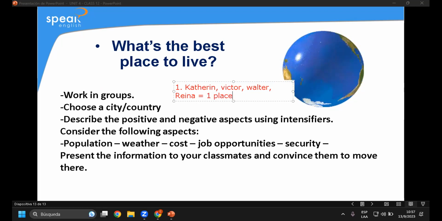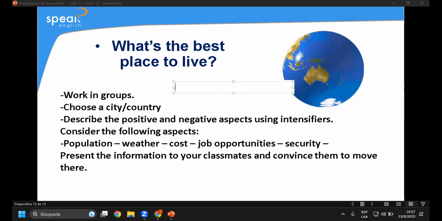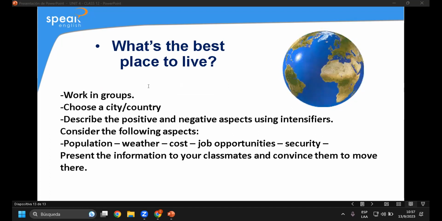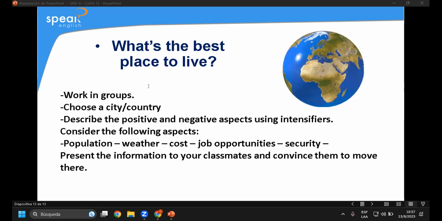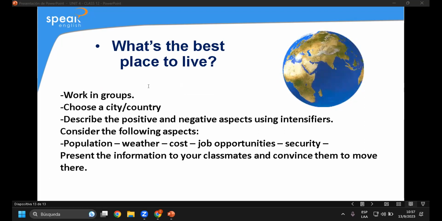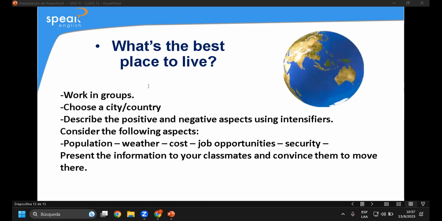Understood? It's one place per group. Now, you have to make an agreement. For example, if Victor says Tokyo, but Catherine says no, Canada, you have to agree. You have to decide only one place.